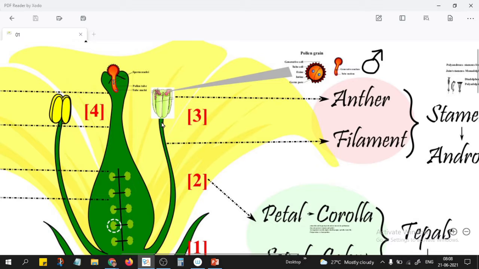Okay, so the male reproductive structure is going to have two parts, one is the filament and the other is the anther. Together it is called the stamen, and many stamens like this together are called the androecium. Okay, which is the common name for all the male reproductive structure in the flower. Androecium.